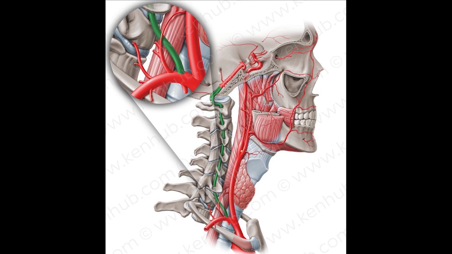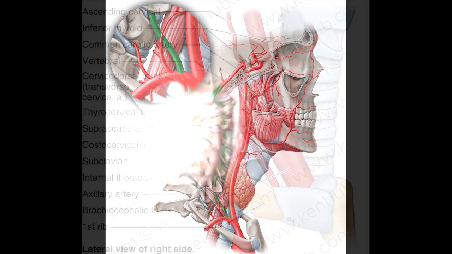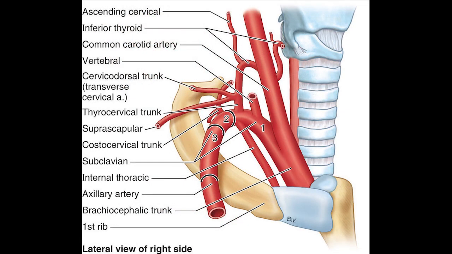It passes up to disappear at the apex of the pyramidal space and enters the foramen of the transverse process of the C6 vertebra. The second one is the thyrocervical trunk. It's lateral to the vertebral artery. It divides immediately into the superficial cervical artery, suprascapular artery, and inferior thyroid artery.